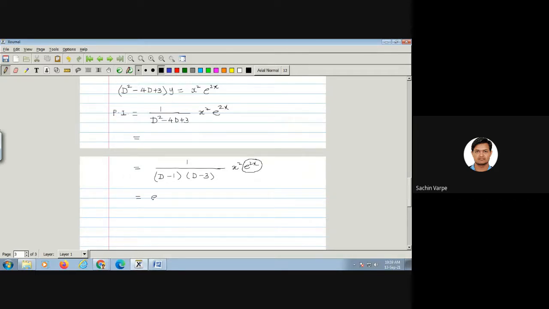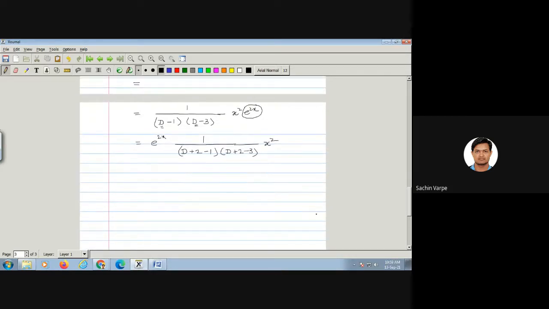So write this exponential function outside the operator. When we write it, there will be a change in d. D will be replaced by d plus a, and here a is 2, right? So d plus 2 minus 1, and d plus 2 minus 3, operated on x square. That is equal to e to the power 2x, 1 upon, now don't involve this exponential function inside, okay?